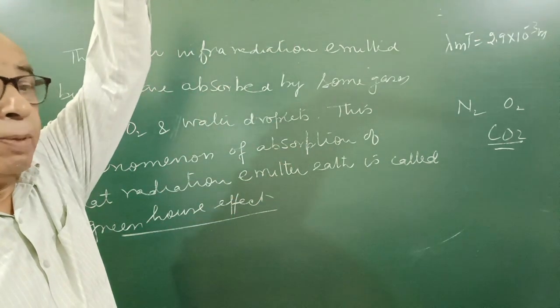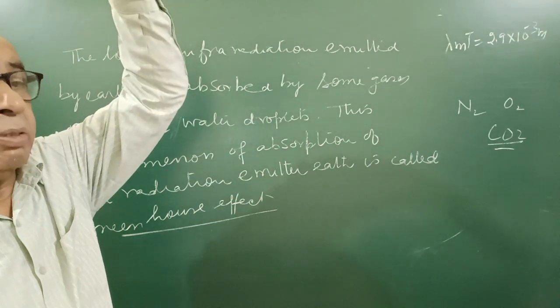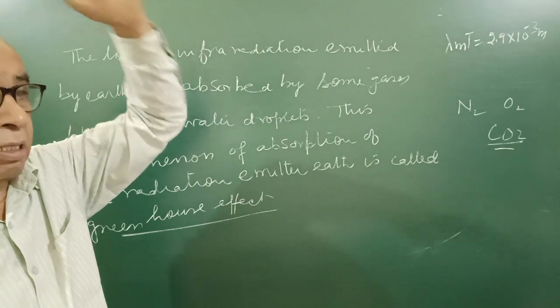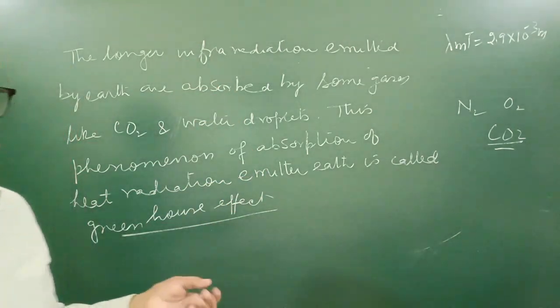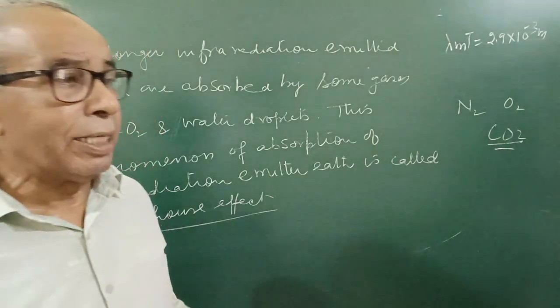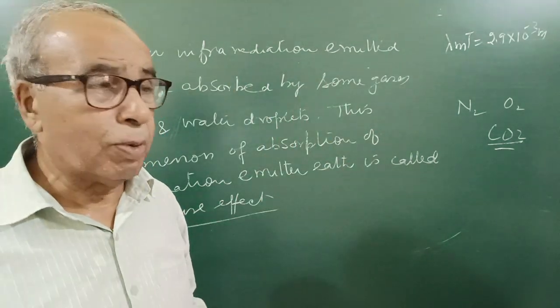The upper atmosphere remains cool. That is why rain takes place. Actually, water vapor gets dissolved in air, and the air becomes lighter after absorbing water vapor.